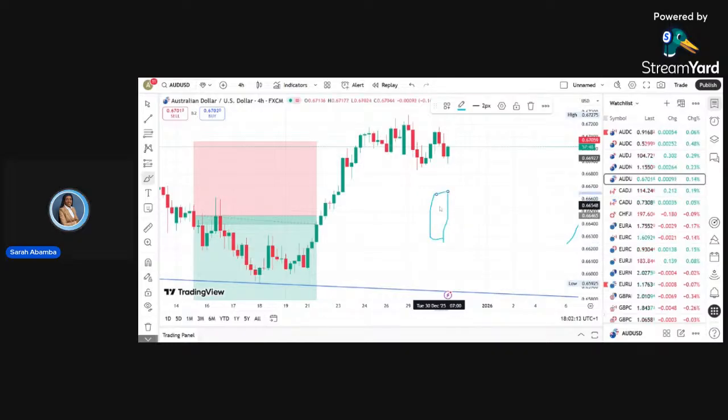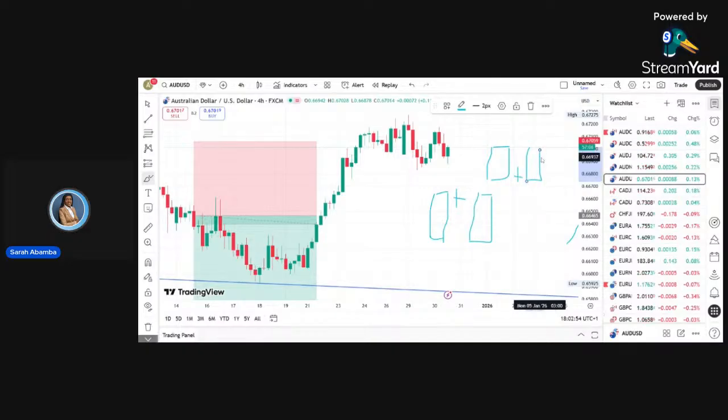You have your first candlestick. You have your second. This second can either be a pin bar or a doji. Let me use a doji here. And you have your last candlestick. So this is what a star pattern is. Now this is a bearish star pattern. For a bullish star pattern, you have it like this: first candlestick, the second candlestick will be at the bottom, not at the top, then the last candlestick will be normal.